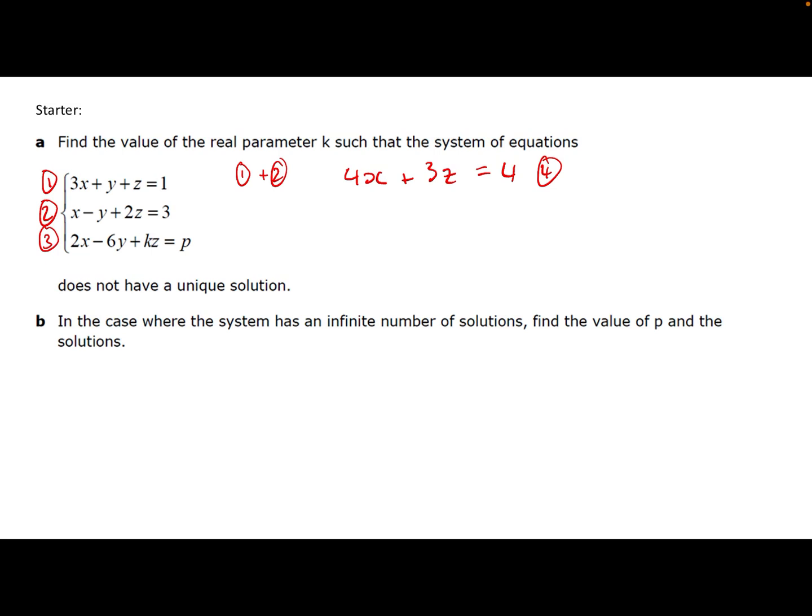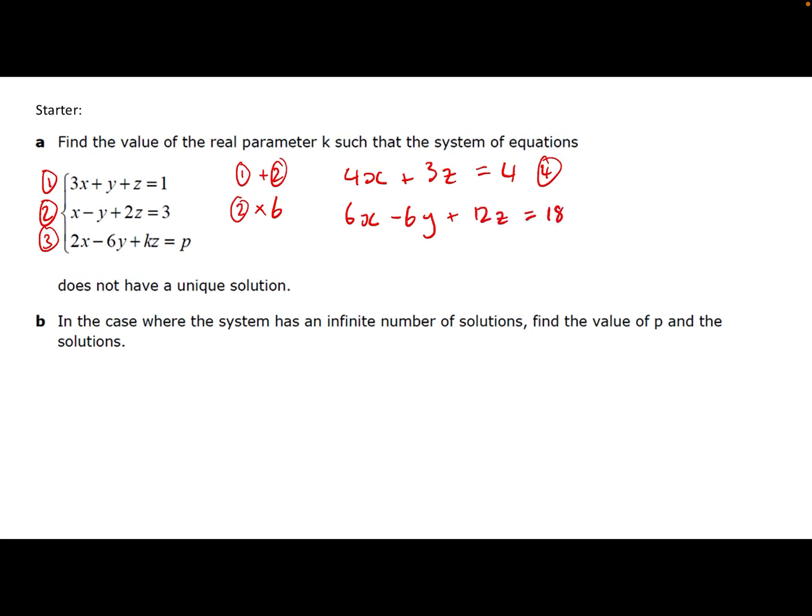I think perhaps what I could do is times equation 2 by 2. Let's times equation 2 by 6. So equation 2 times 6, we will get 6x minus 6y plus 12z equals 18.